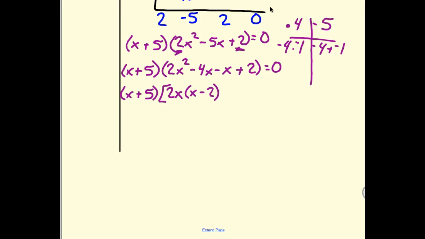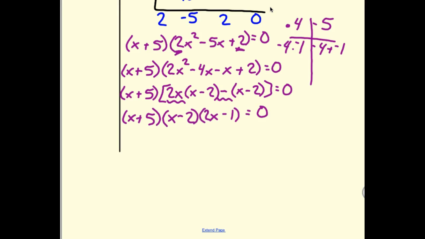Our second two terms, we can factor out a -1, leaving us with x minus 2. To finish factoring by grouping, we have that common factor of x minus 2 that we'll factor out, leaving us from the first term with that 2x, and from the second term with a -1.